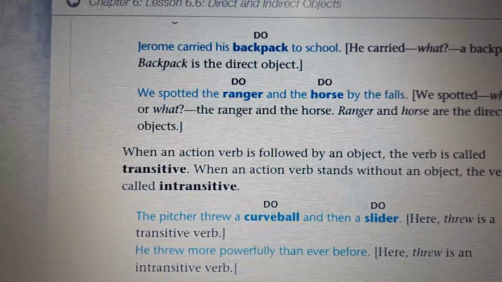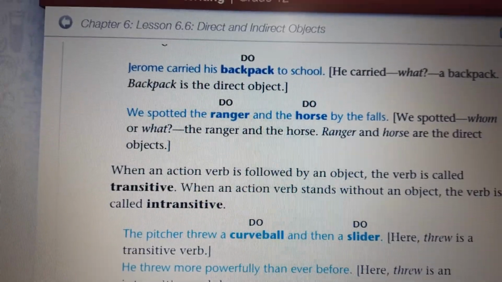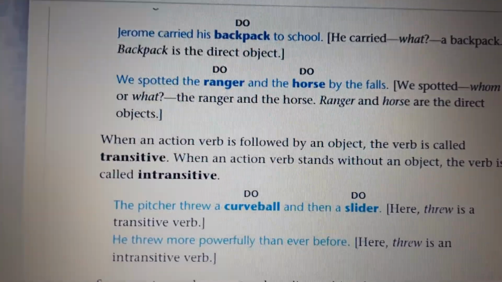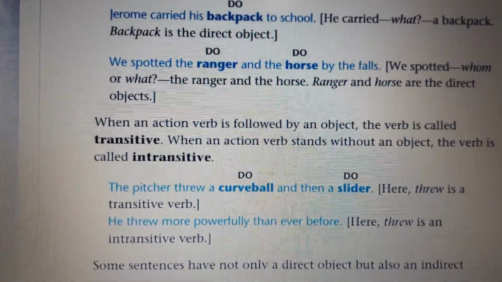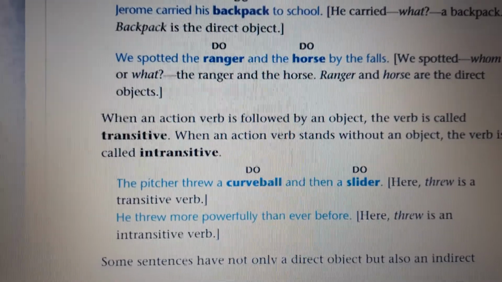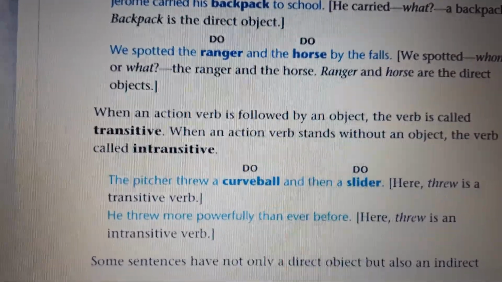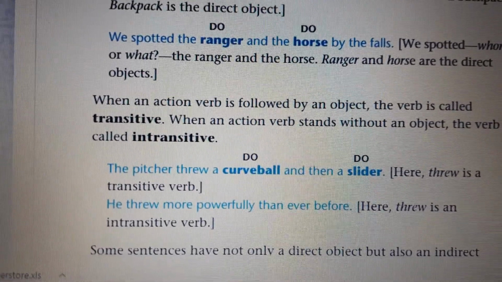I just want to talk about this one. When an action verb is followed by an object, the verb is called transitive. When an action verb stands without an object, the verb is called intransitive. Here we have the pitcher threw a what? A curveball. This is a direct object, and then a slider.